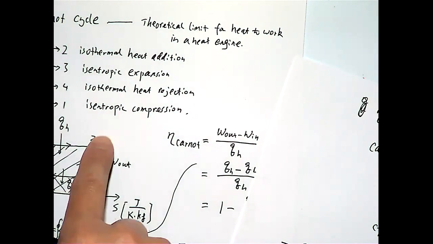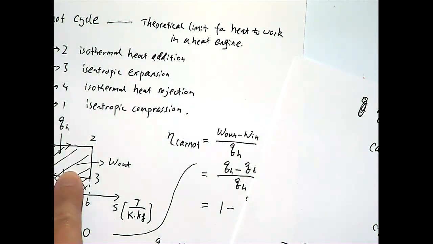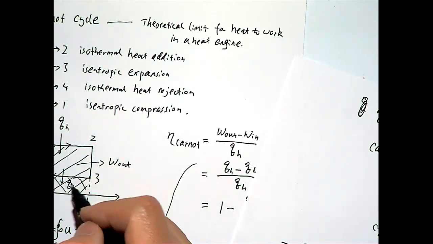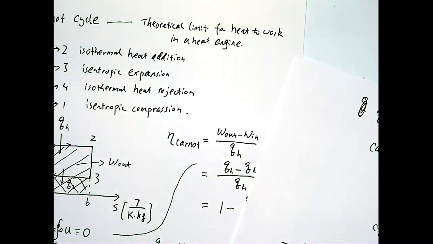The box area is the net work, and the total area is the total heat input into the cycle. If this area is a larger fraction, the cycle is more efficient, with higher thermal efficiency.